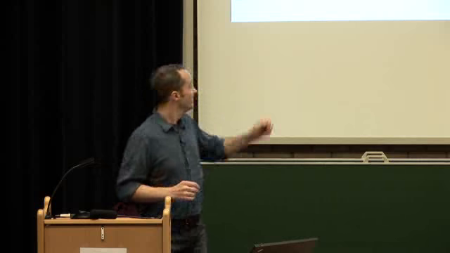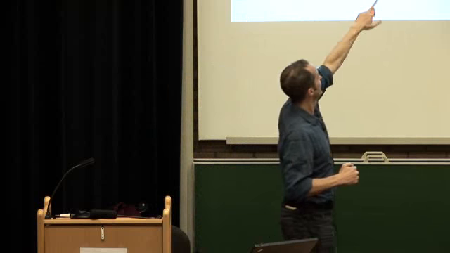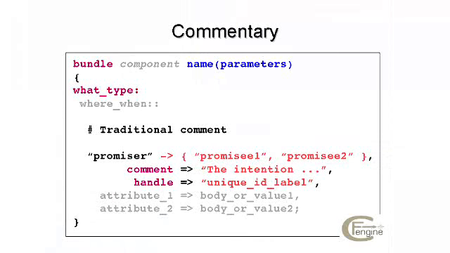But if we encode the comments about these promises in the promise itself, in the code itself, then these comments can follow the life cycle of this promise throughout the history of the machine. Which means that if something goes wrong with this promise, an error occurs in a log, this comment can be added to the log to explain exactly what the purpose of this promise was when the error occurred.